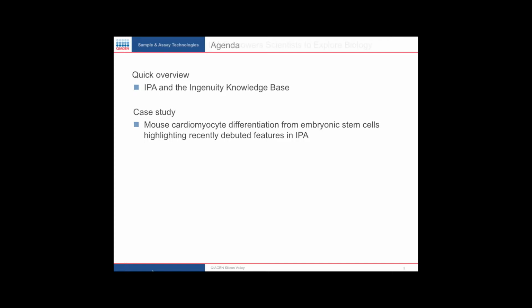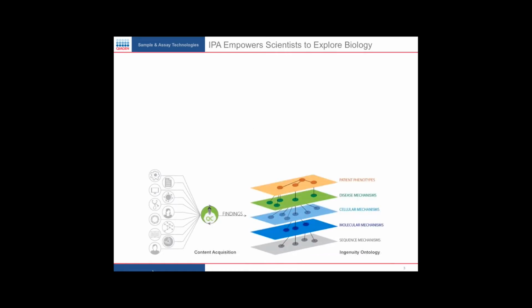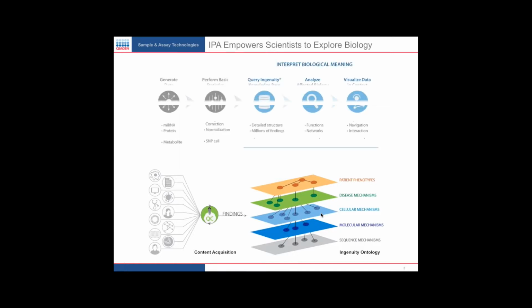So the way we have created our tools to analyze gene expression data and other things is to have curated findings from the literature and third-party databases. We have PhD curators who read papers and capture findings in a very systematic way using an ontology, so that those are computationally available to tools like IPA.